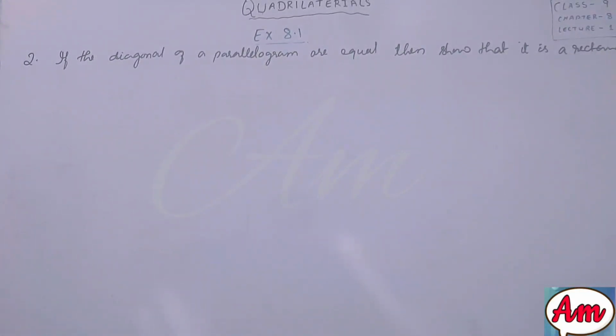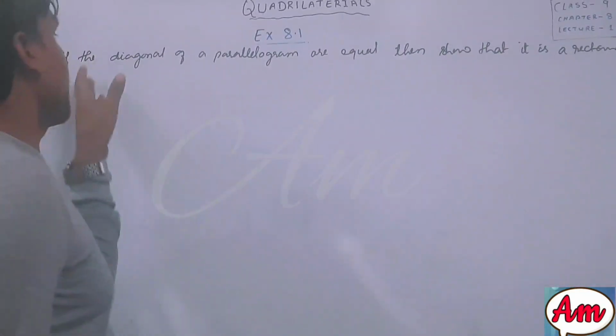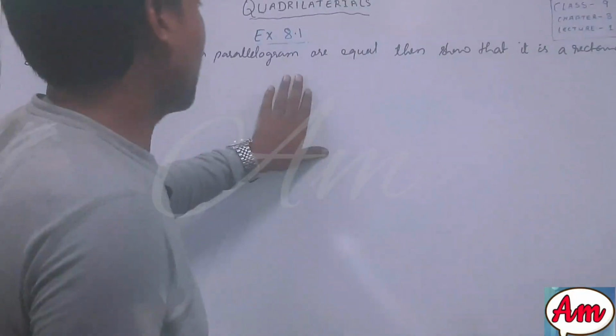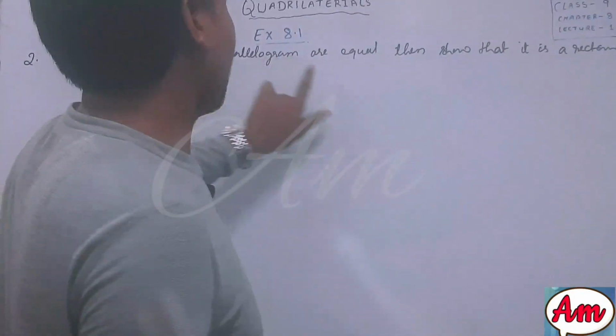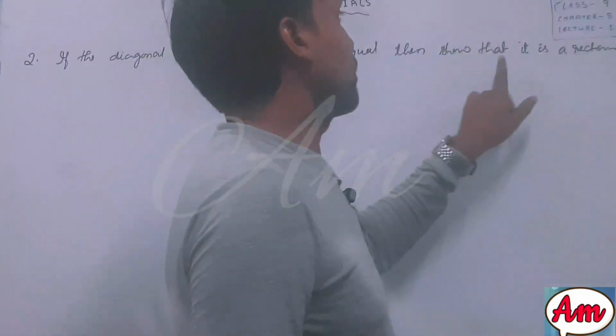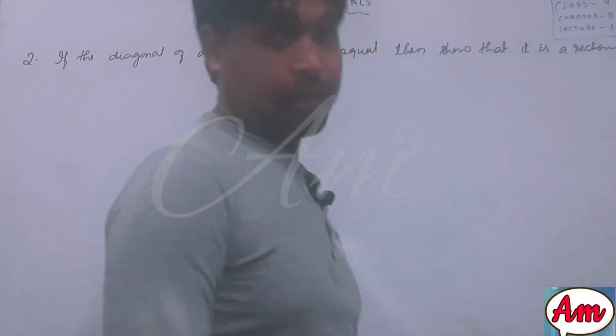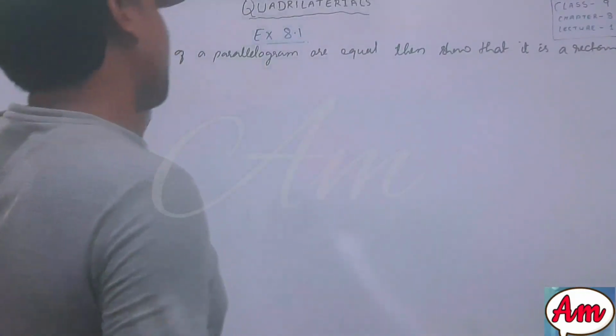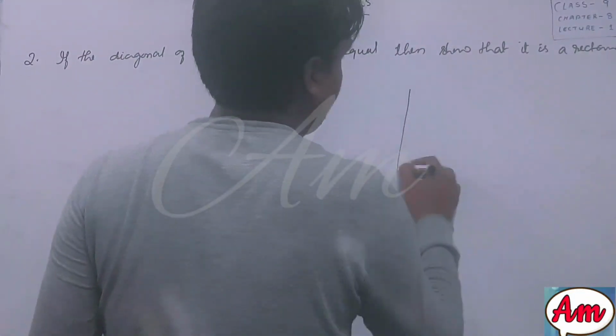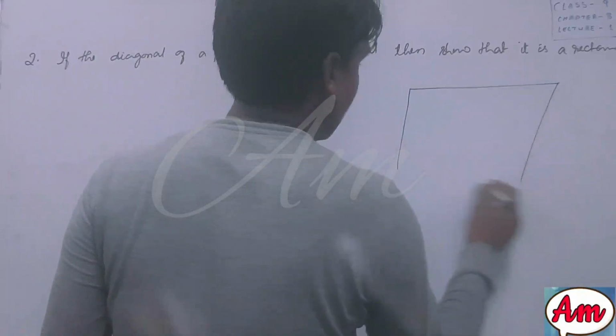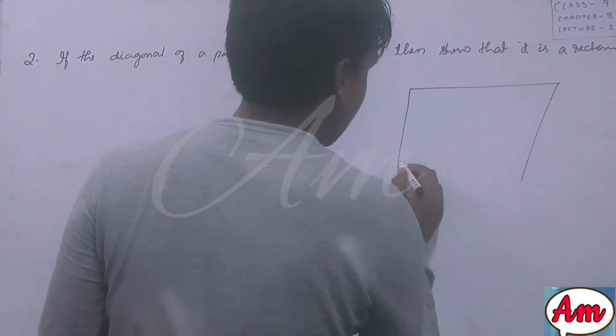Okay dear students, so we have a next question. If the diagonals of a parallelogram are equal, then show that it's a rectangle. So that is what we have to prove. They have given one parallelogram, so let us draw that parallelogram. So this is the parallelogram they have given us.